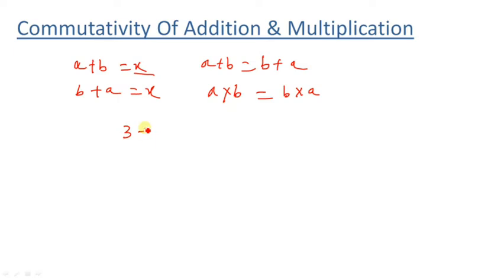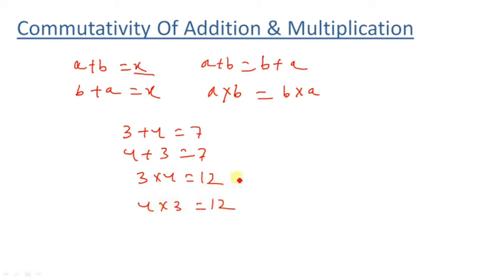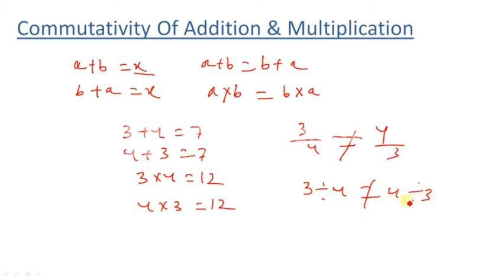For example, suppose we have 3 plus 4, it is 7. Now if we do 4 plus 3, it will also be 7. Similarly we have 3 into 4, it is 12. Now if I do 4 into 3, it will also be 12. Same. But commutative property will not be obeyed by division and subtraction, because we know 3 by 4 is not same as 4 by 3, and 3 divided by 4 is not equal to 4 divided by 3.